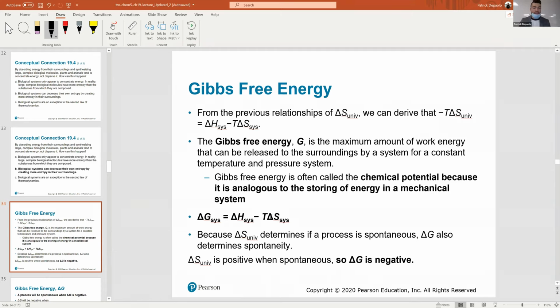Because we learned that when the entropy of the system increases, like when ice becomes liquid water, it's spontaneous.